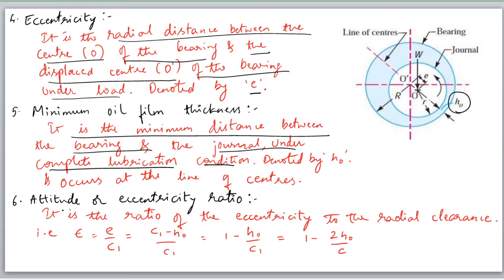Next is attitude or eccentricity ratio. It is the ratio of eccentricity to the radial clearance, and that is given by epsilon.